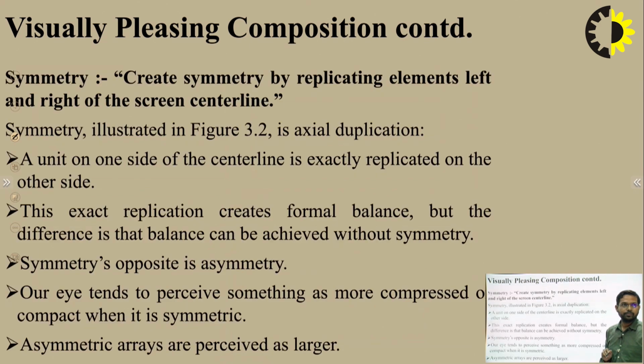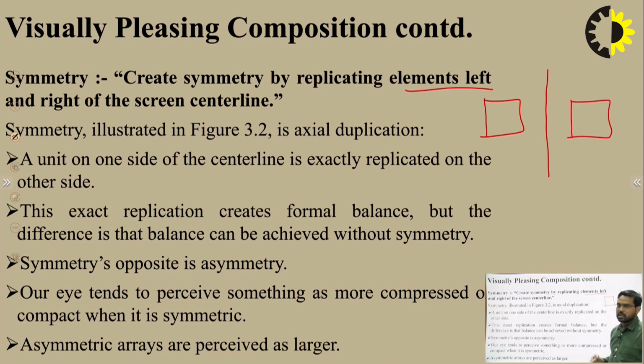Okay. Next one is symmetry. Symmetry is basically the same from left to right and right to left. It replicates elements from the left and right of the screen center line. For example, that is the center line, that is one item, and that is also the second item.